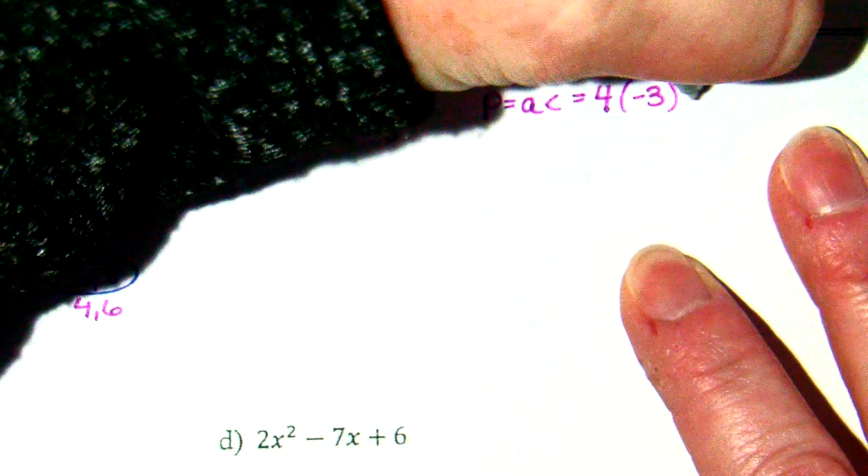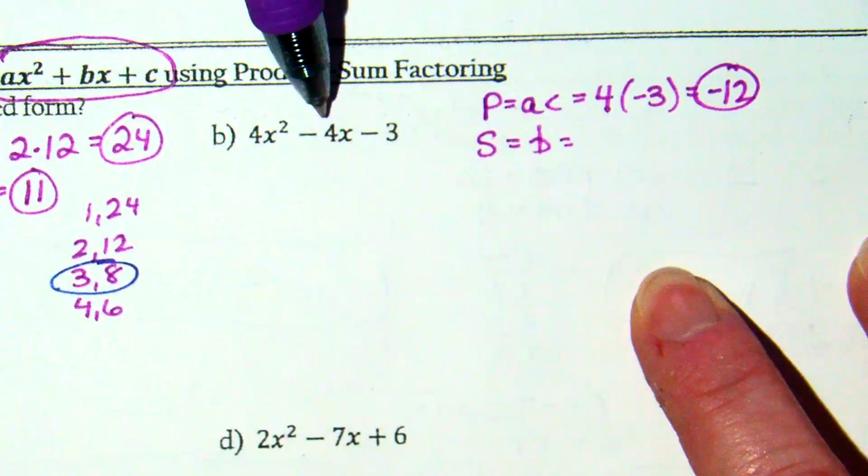4 times negative 3. Notice how she grabbed the negative 3. And 4 times negative 3 is negative 12. So product of negative 12 and a sum of what? Your B value, which is negative 4. Okay.